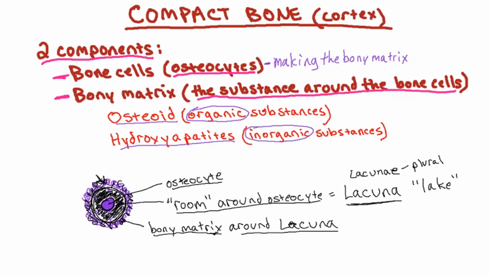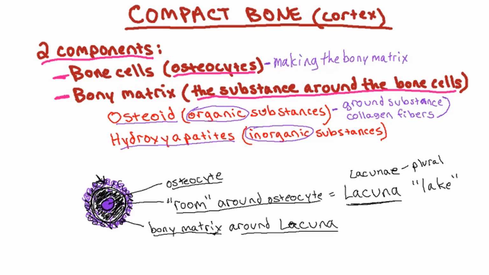Now this is important because the osteoid, the organic substances secreted by the osteocyte, are ground substance, so that's kind of like the sticky substance that keeps everything gelled together, and collagen fibers. So ground substance and collagen fibers make up the organic portion of the bony matrix.